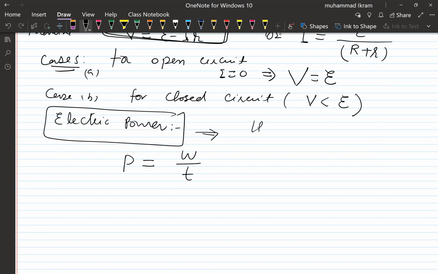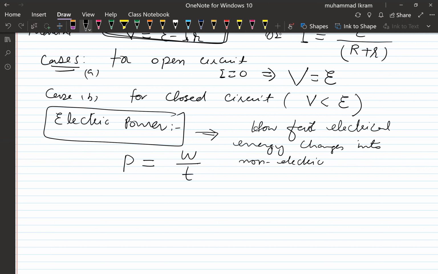That how fast electrical energy changes into non-electrical energies. This is what we will learn here.